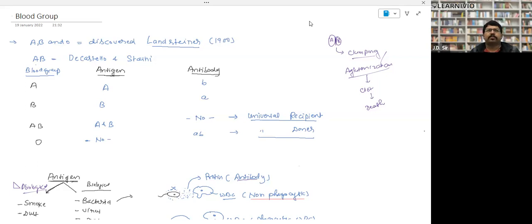Basically, anything which goes inside our body, when it reaches our blood, if our blood starts producing WBC or starts reacting against it, that is antigen for it. You can say, if any biological or non-biological thing enters the body and our immune system starts working against it or gets activated, then this is an antigen for us.